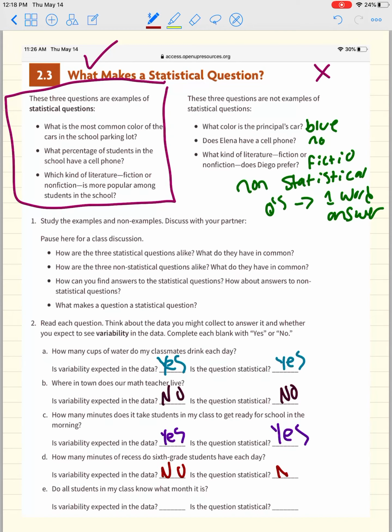So no. However, if you are looking at all the different schools in California, maybe you would have variability and it would be a statistical question because maybe schools in Lompoc all get 20 minutes and schools in Santa Barbara get 10 minutes and schools in LA get 30 minutes. In that case, it could be variable and it could produce statistical data. But if you're just looking at the 6th grade students at Los Barros, no, we all have the same amount of recess time.